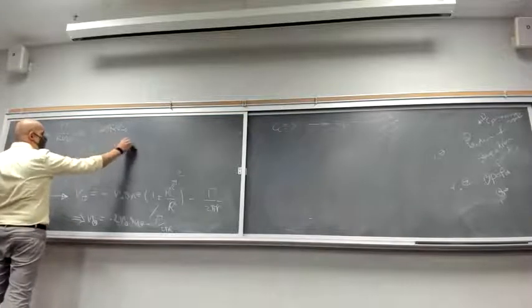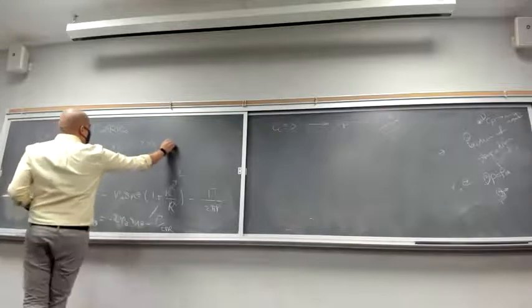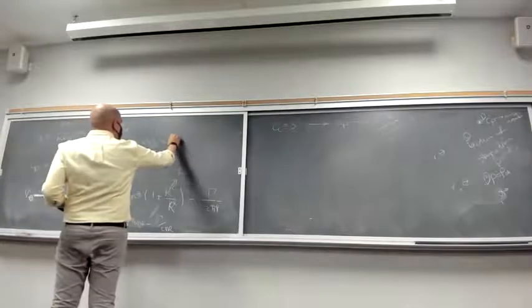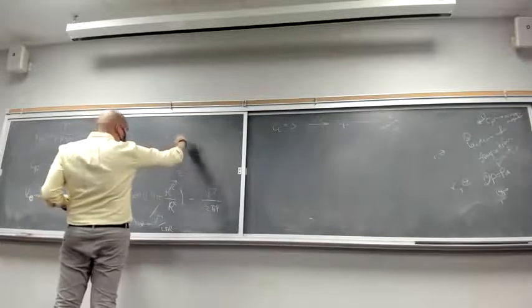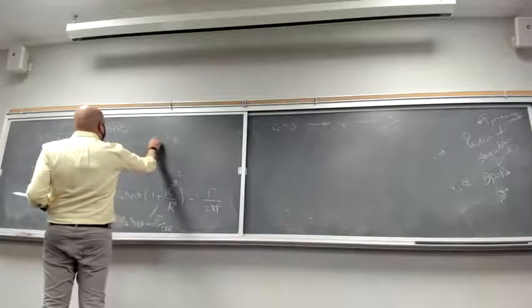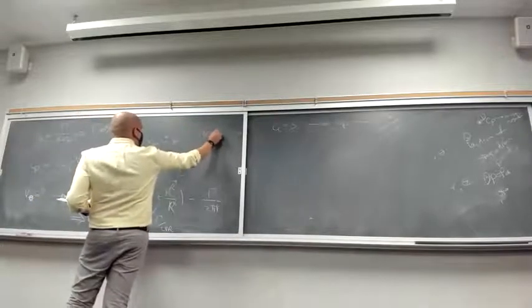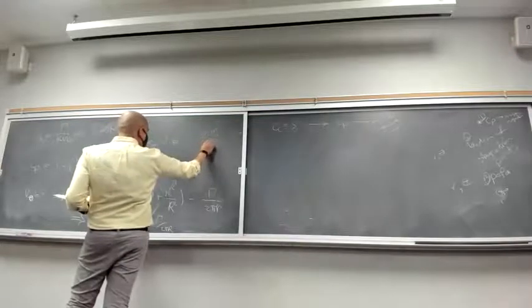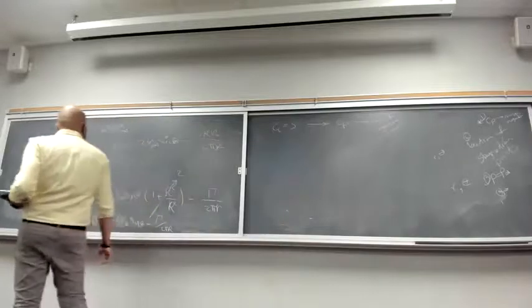V theta is going to be equal to negative 2 V infinity sine of theta, and then we have 5 R V infinity divided by 2 pi R. The 2 R's will cancel out.